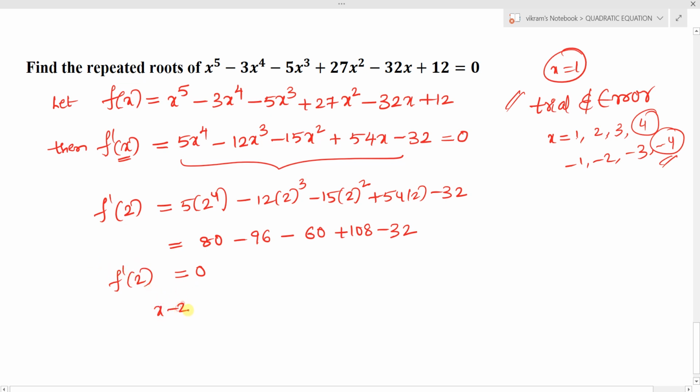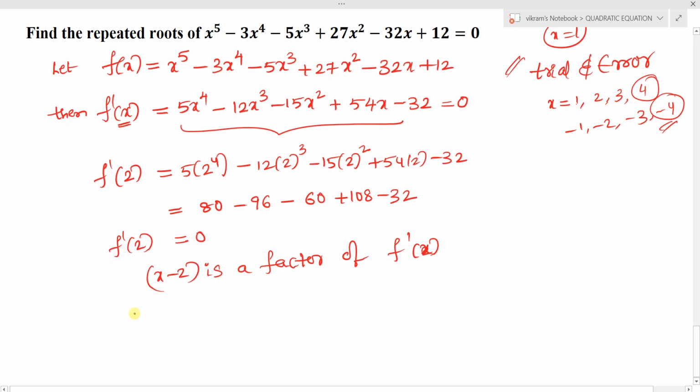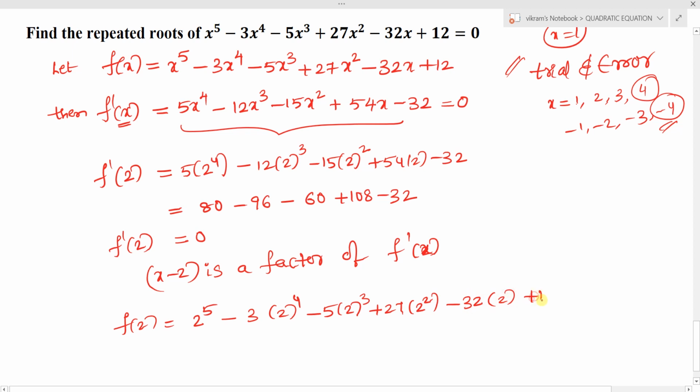That means x minus 2 is a factor of f dash of x. Then it also has to satisfy f of x. Now substitute f of 2. What is f of 2? 2 power 5, minus 3 into 2 power 4, minus 5 into 2 cube, plus 27 into 2 square, minus 32 into 2, plus 12.